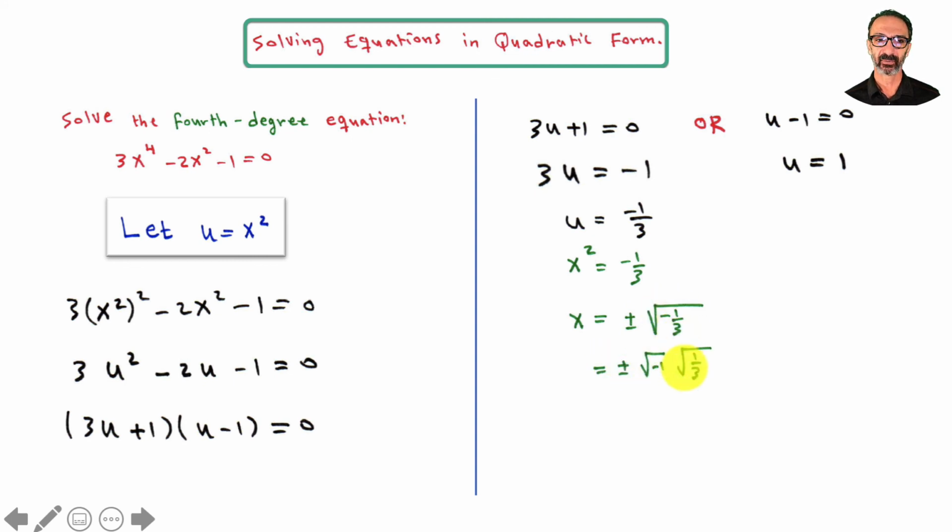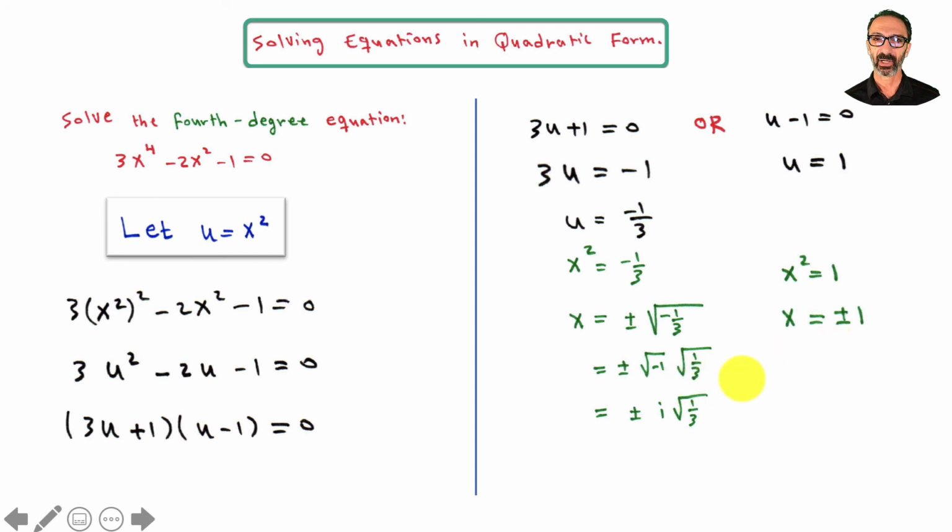If you break it down, this is square root of negative 1, this is square root of 1/3, and square root of negative 1 is an imaginary number because there is no number that you could multiply by itself and get negative 1. We call it i for imaginary. Okay. On the right side, we have x to the second equals 1 instead of u equals 1. Take the square root, same idea, plus minus 1.